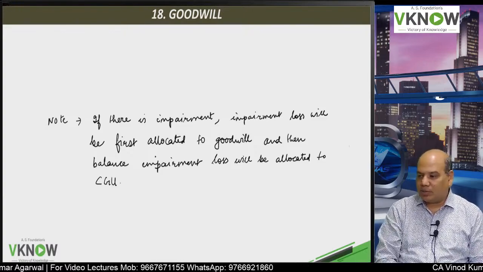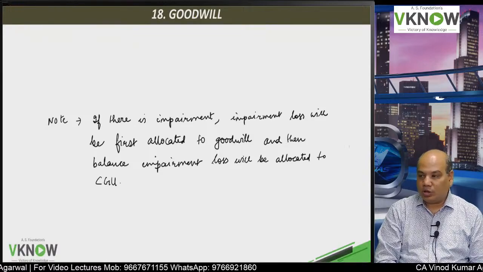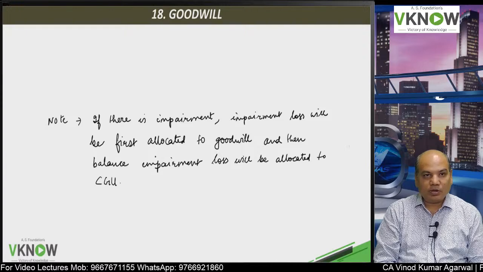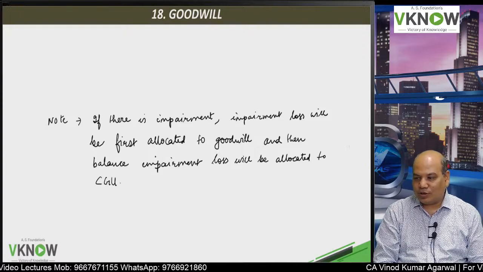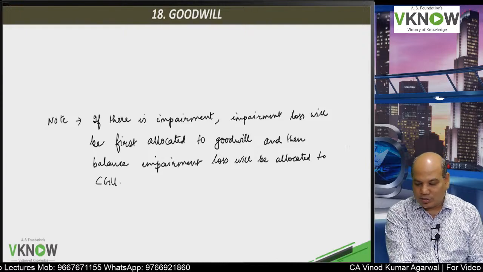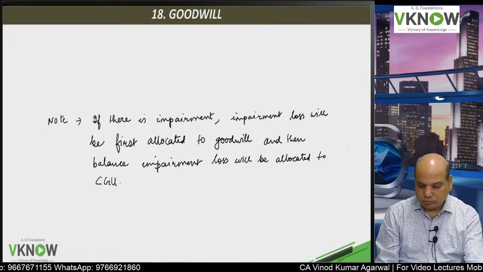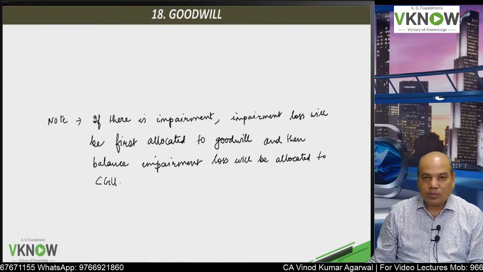When you are testing goodwill for impairment, the impairment loss is first allocated to goodwill, and the balance is allocated to CGU.